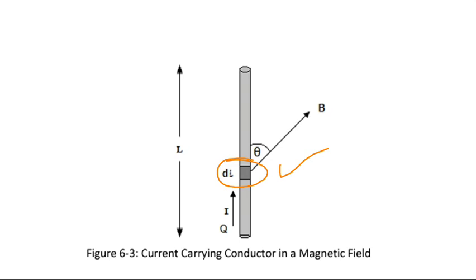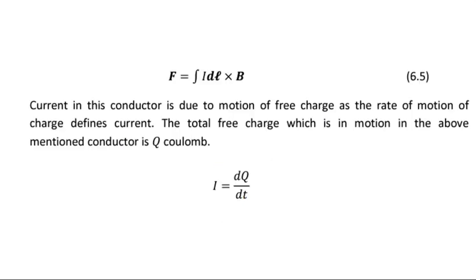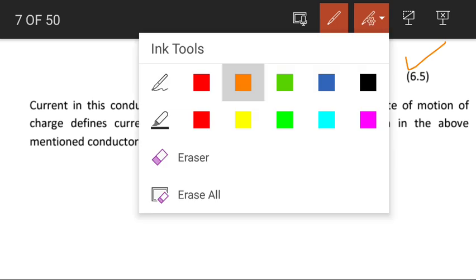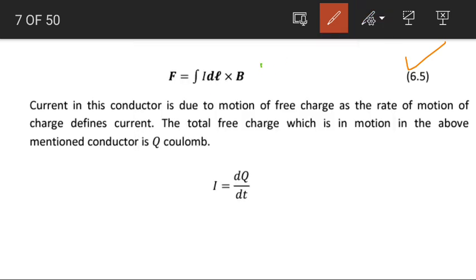So the force which is experienced by this current carrying conductor in a uniform magnetic field is given by equation number 6.5. This force will be equal to the integration of IDL cross B. So equation number 6.5 gives you the force which is experienced by the current carrying conductor in the given uniform magnetic field.